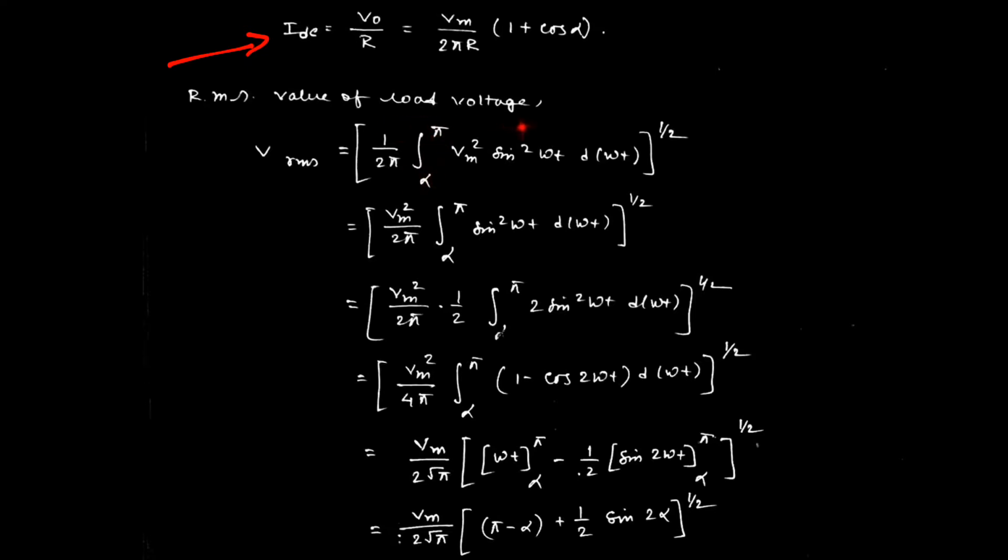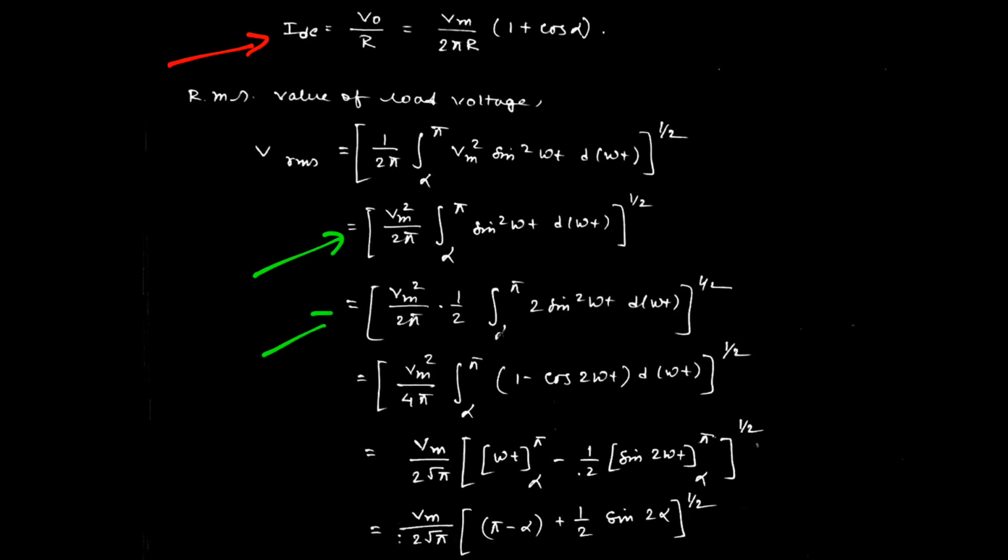So this is actually the expression for the particular peak, that is 1 by 2 pi integration of alpha to pi Vm square sin square omega t d omega t, under root, as we are going to find out the RMS value. After simplification, we will have Vm square by 2 pi integration of alpha to pi sin square omega t d omega t.